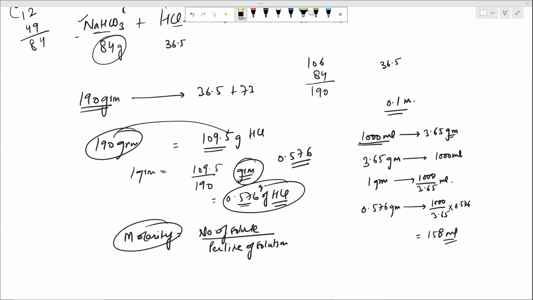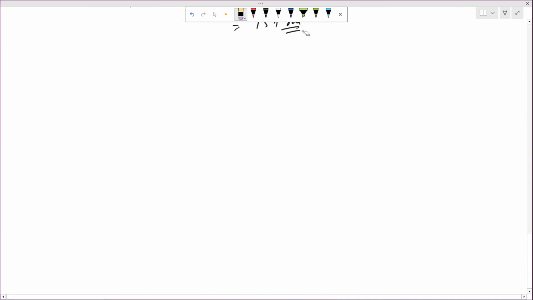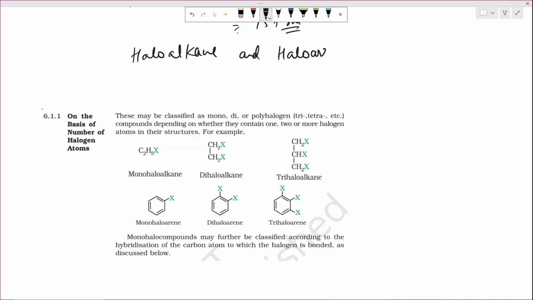Okay, so let's move to the next part here. Haloalkanes and haloarenes. If I'm talking about halo, the word halo means halogen.